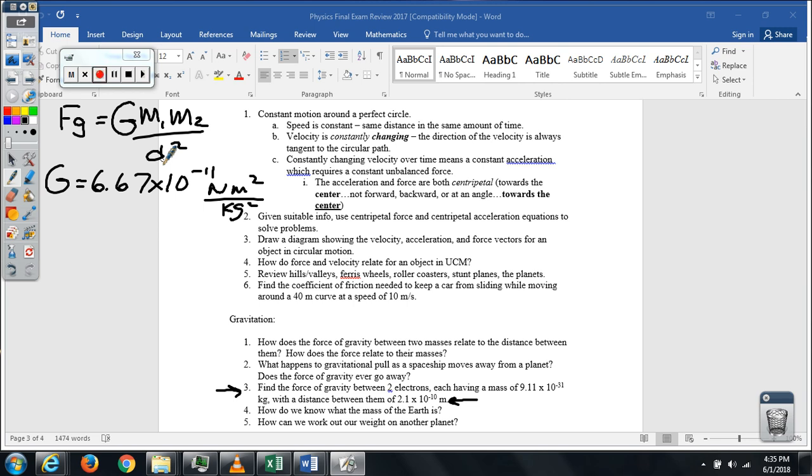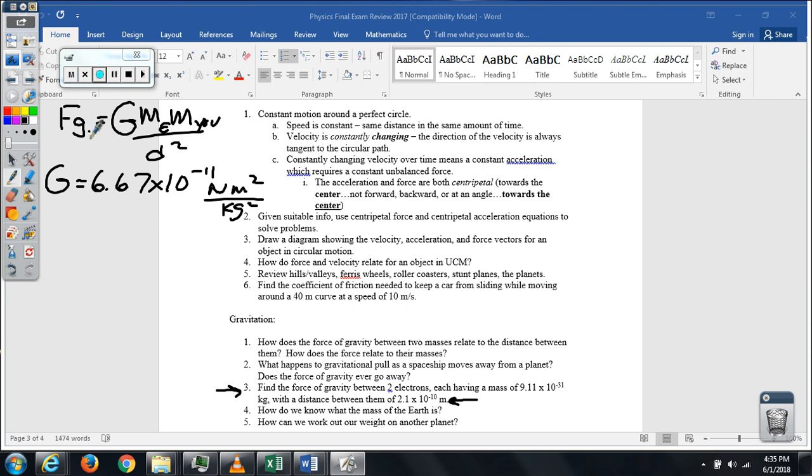How do we figure out the mass of the Earth? Well, the mass of the Earth could be determined, like we did in class before, based on the fact that these two masses could represent, one the Earth, and the other you. Right?